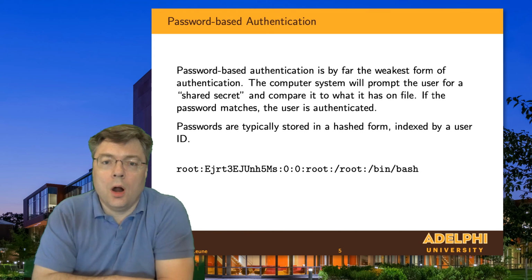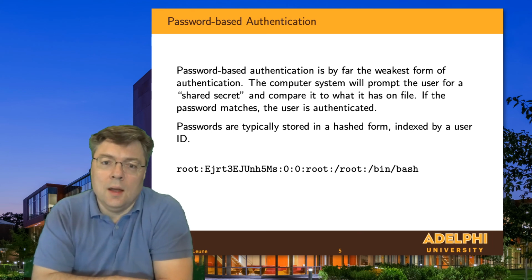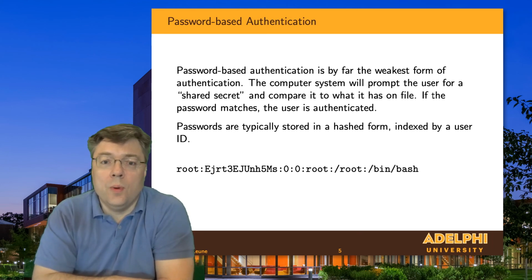The most common factor used by itself is password-based authentication, or identification by shared secret, knowledge-based authentication. It's also by far the most weak one. It relies on people's memories, and memories are notably flawed. It also means that there should be information that is known only to an individual.